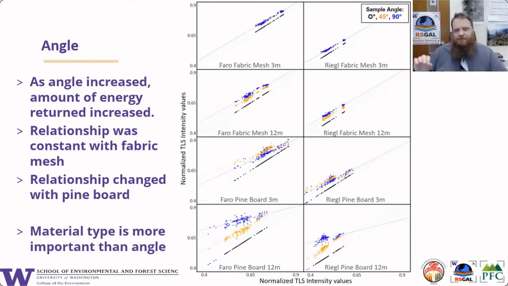If the regression lines stay parallel to that 1-to-1 line, the coefficients don't really change. With the pine board, those regression lines really start deviating from parallel, while with the fabric mesh, the coefficients in the relationship stay pretty similar regardless of the angle. Angle had a really high impact on the relationship with the pine boards.